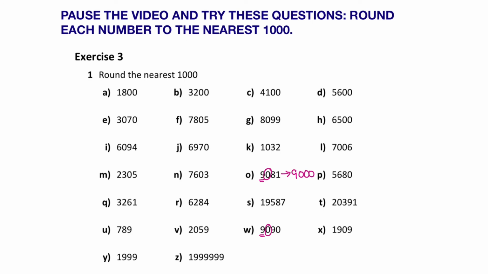So that 9 here is not relevant to this rounding in this question. Okay, you only are being influenced by the number that follows the thousands digit. Okay, so try these, at least 10 of them, or as many as you've got time to do beyond 10, and I'll give you the answers in just a moment when you're ready to restart the video.